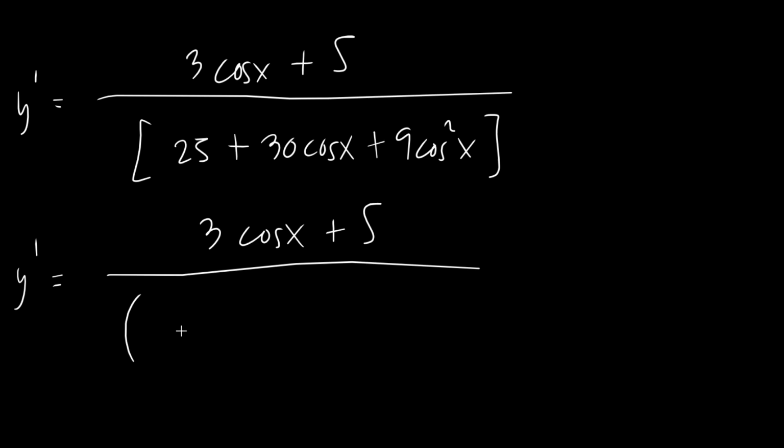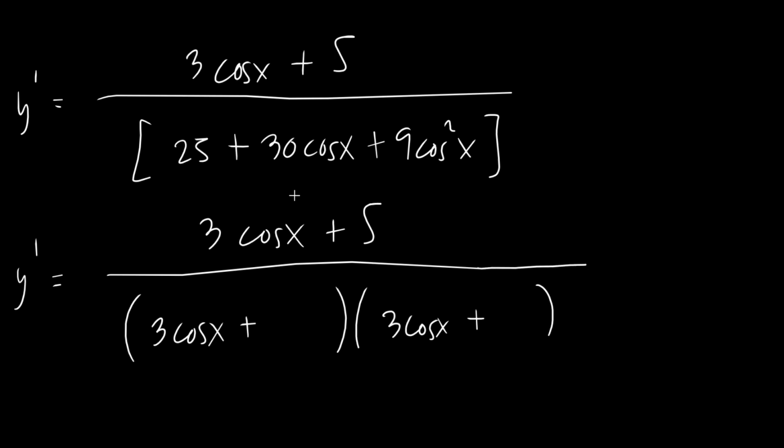So we are factoring the denominator. We need to find a divisor of 25 that can be added to 30 cosine x.